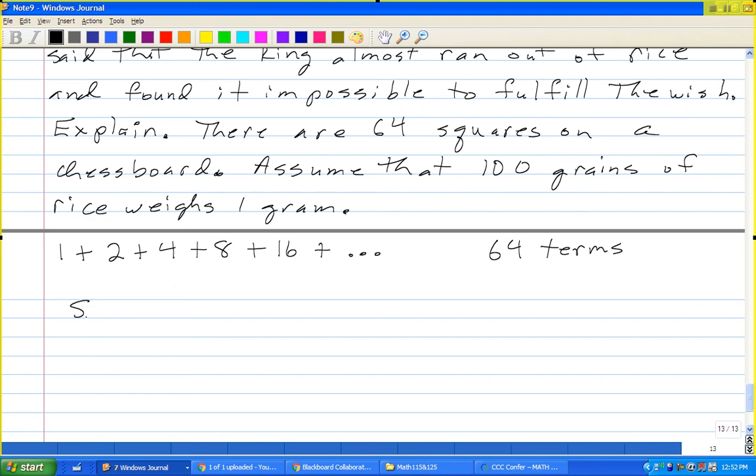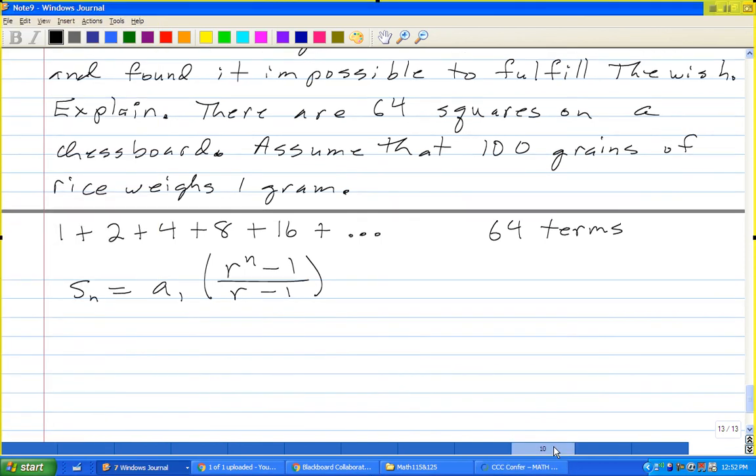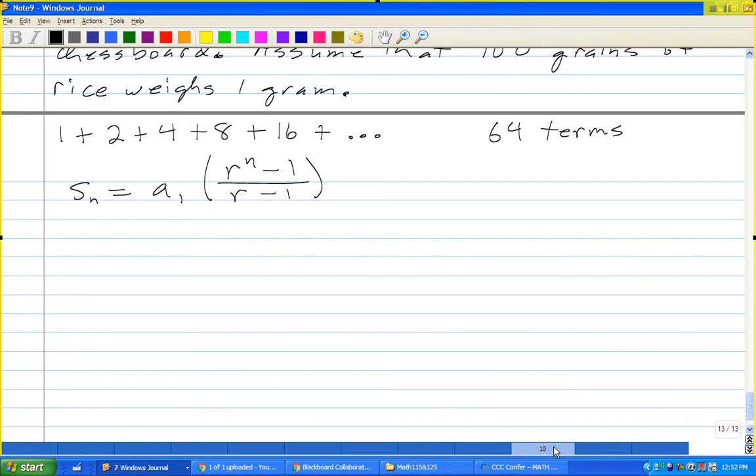So let's do, well, I know that the sum of the first n terms is just r to the n minus 1 over r minus 1. Yes. Okay. And so let's add up the first 64 terms.